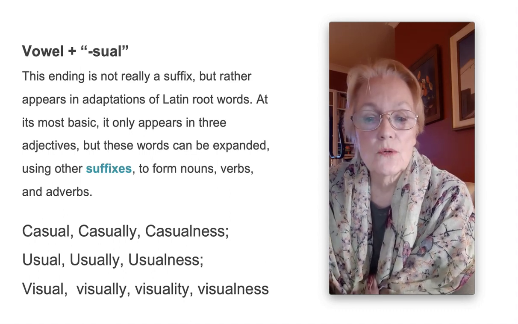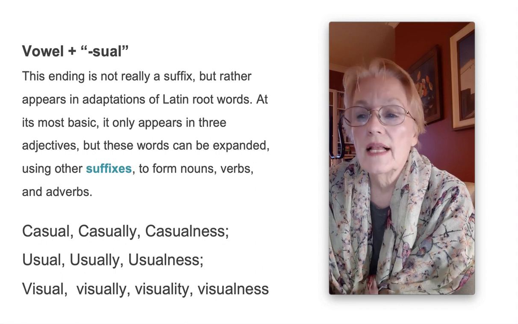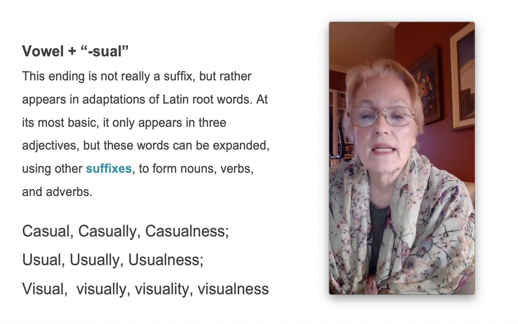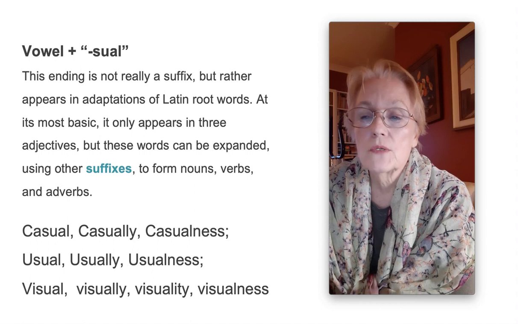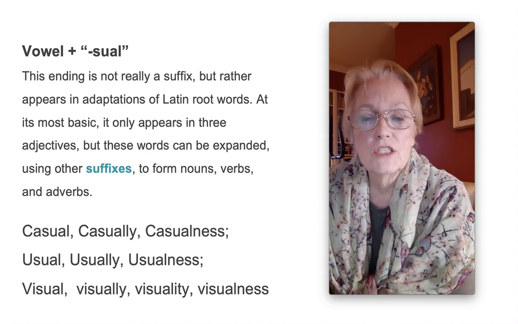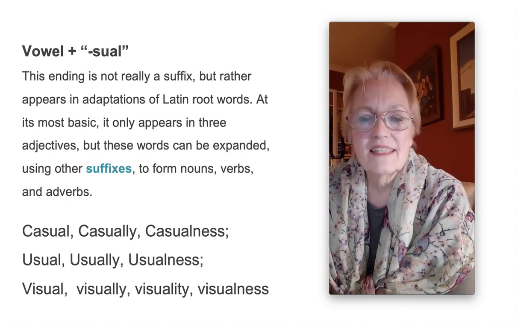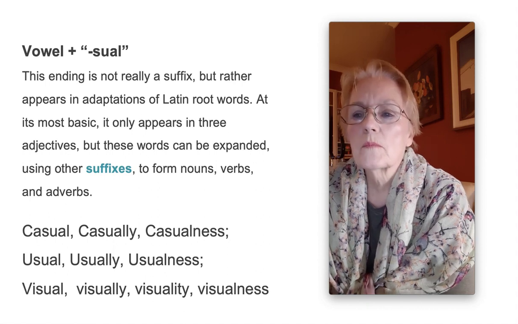So we've got casual, which can become casually and casualness. And then usual becomes usually and usualness. Visual becomes visually, visuality, and visualness. Okay, so that's the expansion that they're talking about.